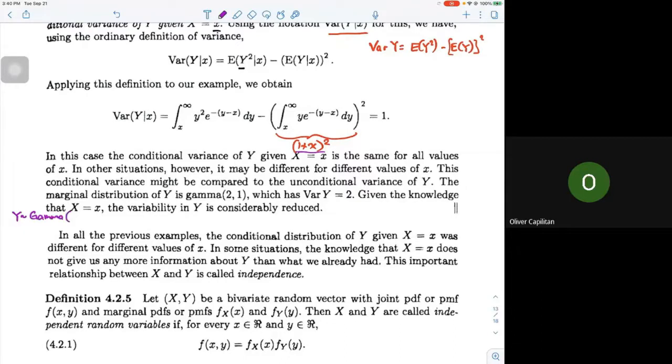But in this case, alpha is equal to 2, beta is equal to 1. The PDF of y here is equal to 1 over gamma of 2, and then we have here 1 to the y.